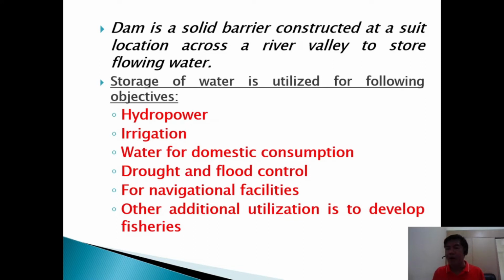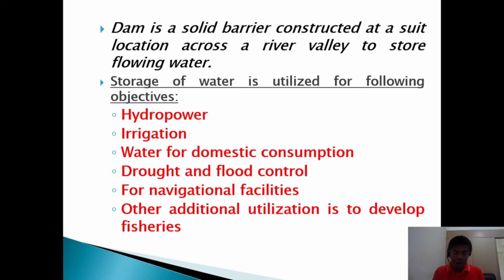Number one is hydropower. Of course, this is for concrete dams already, that when you construct a dam, you maximize its use. And if it is possible to generate electricity, then much better. Another one is irrigation.